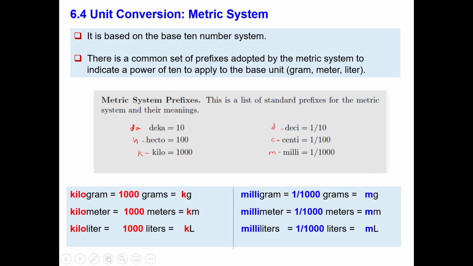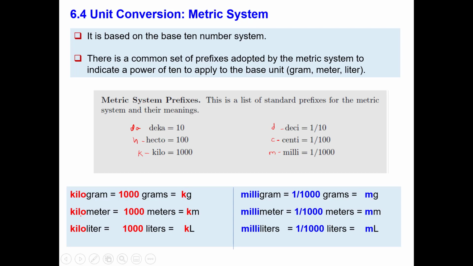K means 1,000. This prefix is associated with some power of 10. For example, we can write kilograms. Gram is the base unit, and kilo is the prefix. Kilo means 1,000, so a kilogram means 1,000 grams, and we can abbreviate it as kg.